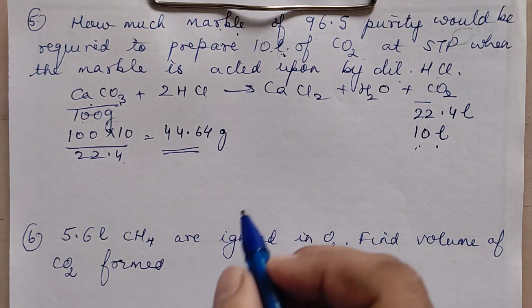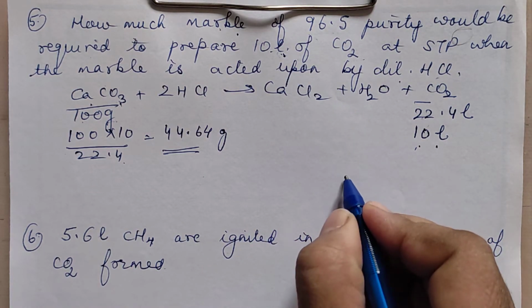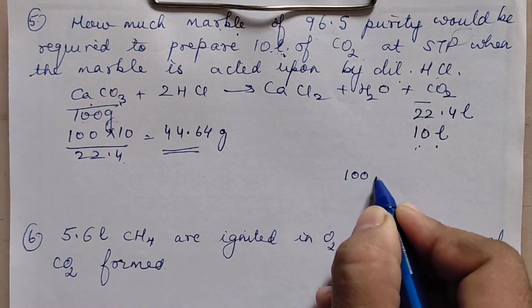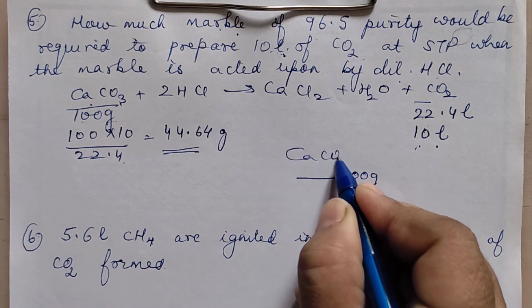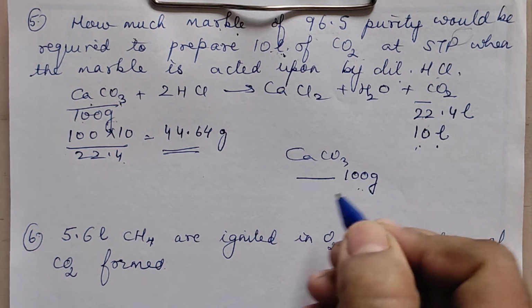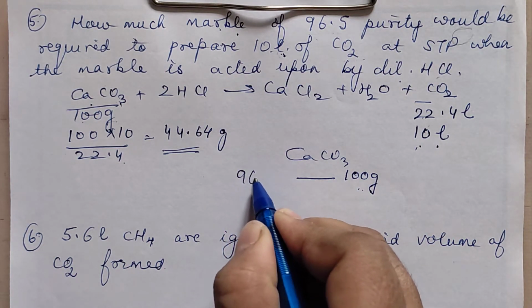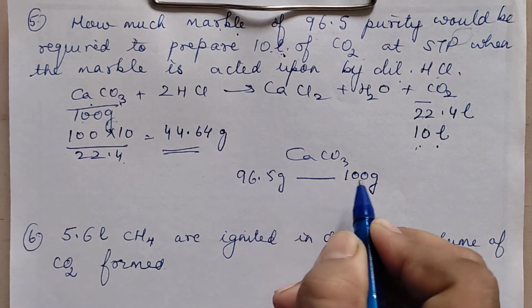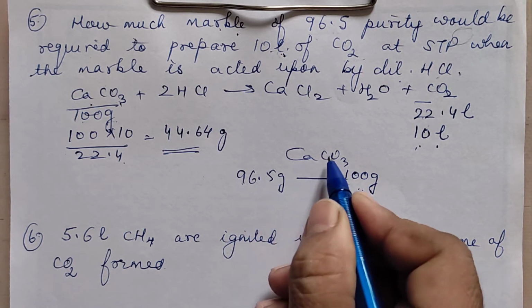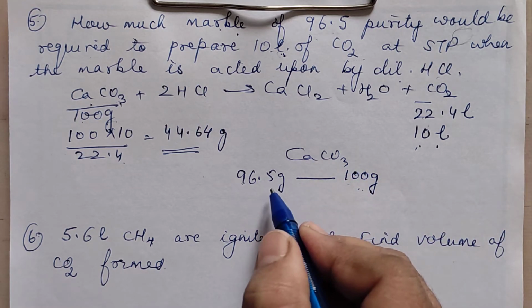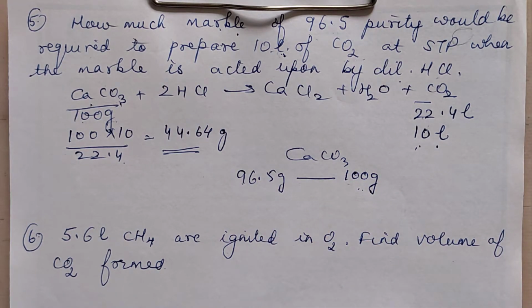So again we will go this way. If you take 100 gram of calcium carbonate, actually you are having only 96.5 gram calcium carbonate, because it is only 96.5% pure. Got it?